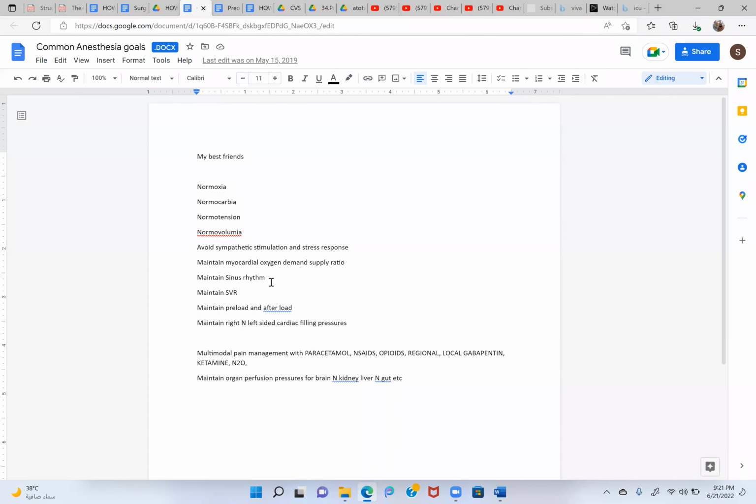Sinus rhythm, maintain SVR, maintain preload and afterload. You can use the word cardiac filling pressures, right side and left side. And then multimodal analgesia with paracetamol, NSAIDs, opioids, regional, local, gabapentin, and dexmedetomidine, not written here.